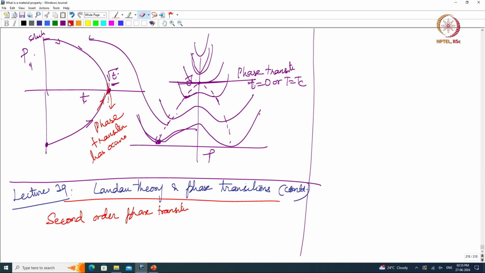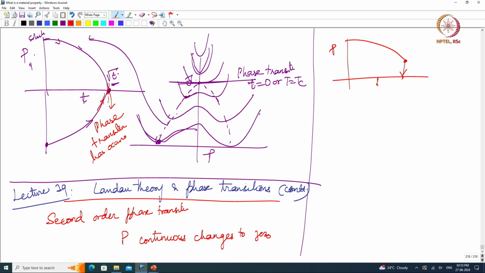Where the polarization itself, not dou f by dou p, but polarization itself continuously changes to 0. There is no abrupt change, right. So, if I am looking at first order phase transitions, polarizations abruptly go to 0, right. This is polarization versus temperature. Whereas, if I am looking at second order phase transitions, polarizations go very continuously to 0, right.